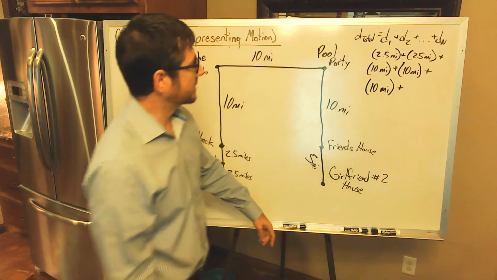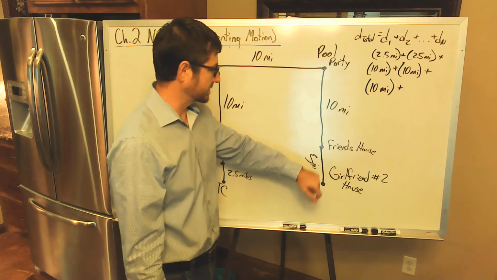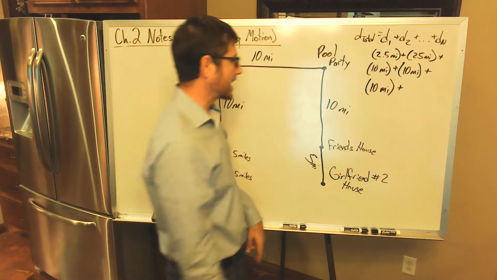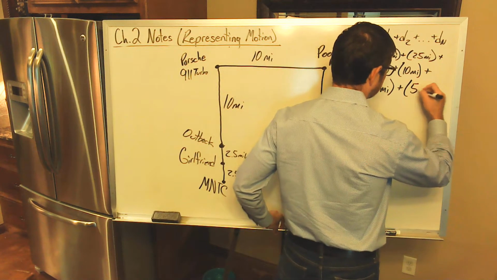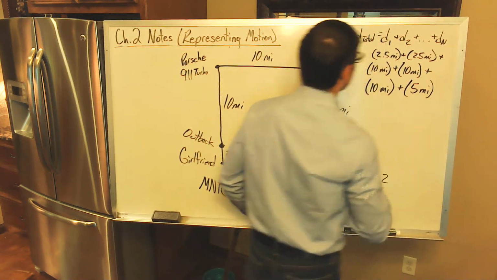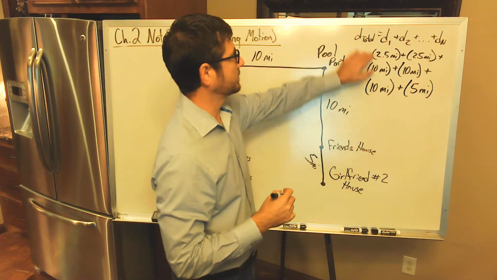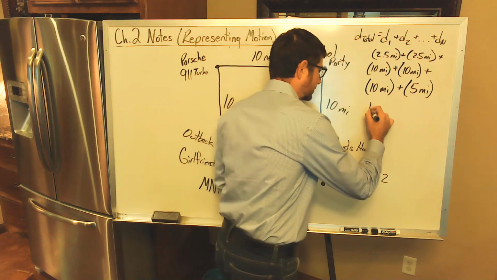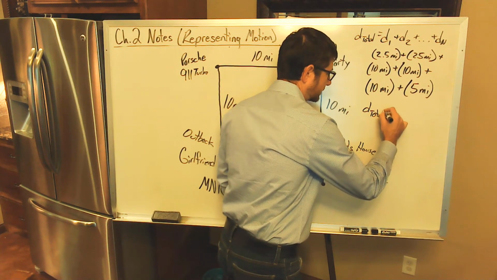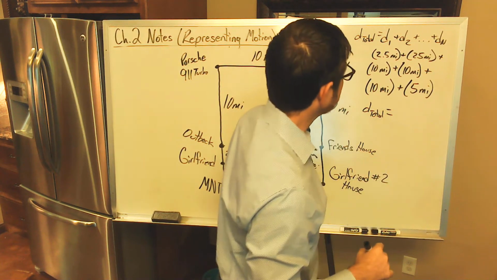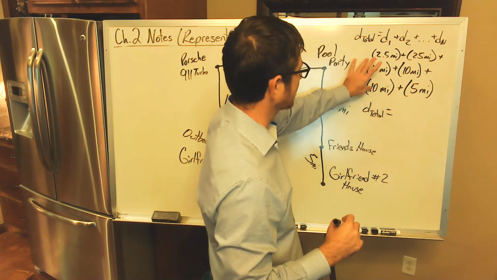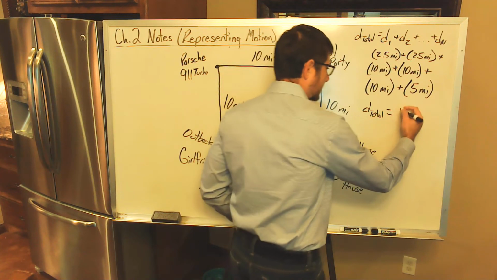And then the final distance he travels from his friend's house to visit girlfriend number 2, he travels 5 miles. Okay, so what we've done, we have set up the total distance equation. So d subtotal right here, it looks like 40 miles. Okay, so 30, 35, 40, yes.